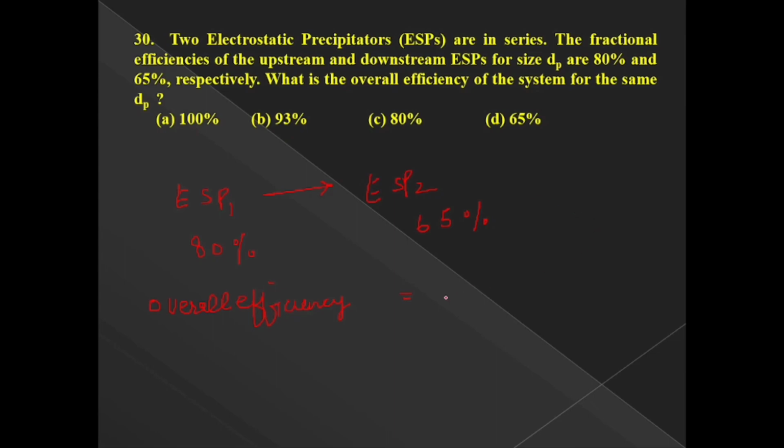So overall efficiency will be 80% for ESP1, and of the remaining 20% particles, 65% are removed. So the overall efficiency will be 93%. Okay, this is our answer. 93% is our answer. Please note it down fast. After that we will discuss our next question.